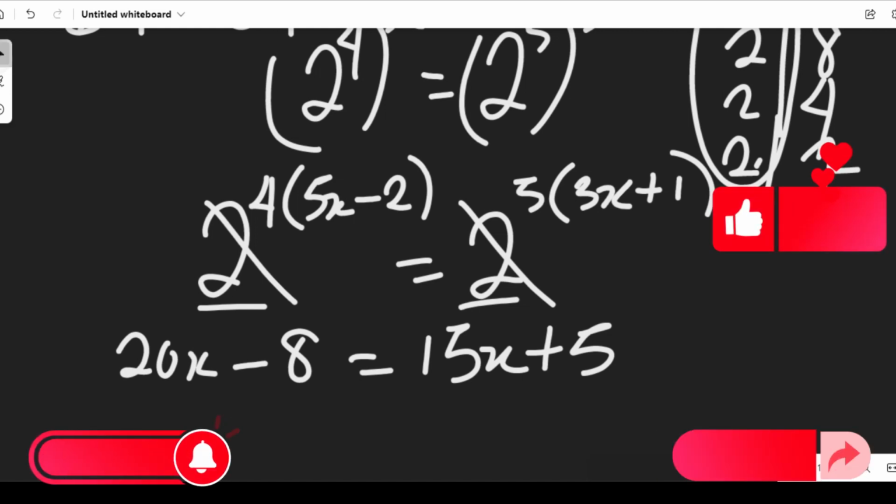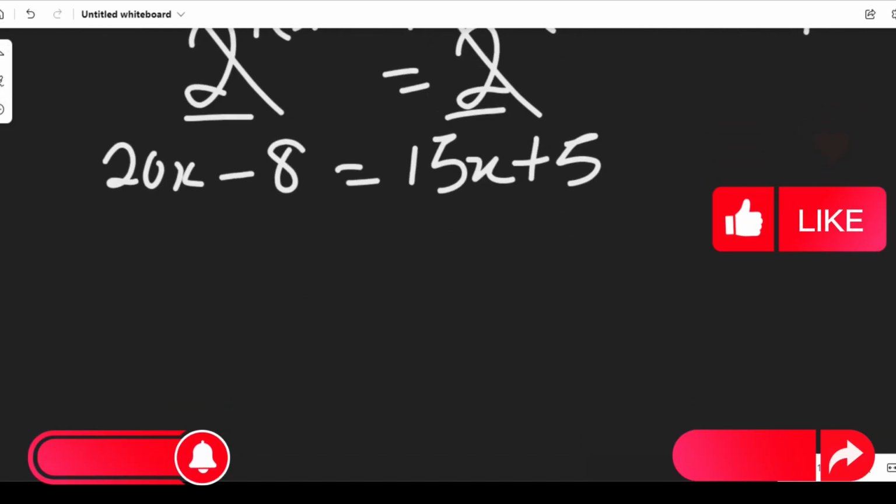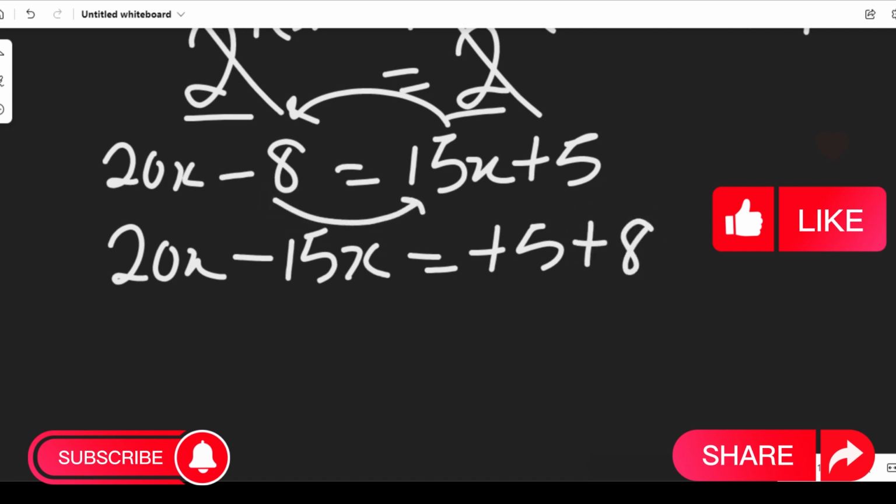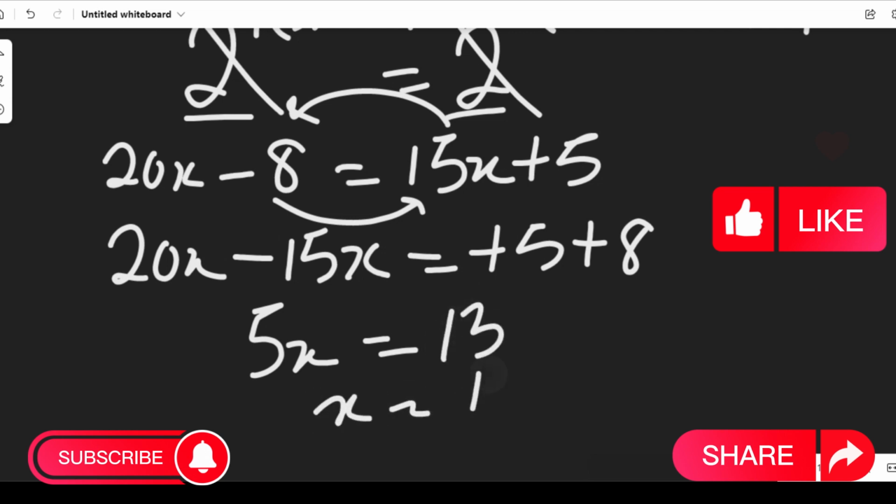So we'll collect like terms. If you collect like terms, we are going to have 20x minus 15x equal to 5 plus 8. And then this 20x minus 15x will give us 5x equal to 13. So our x is equal to 13 over 5.